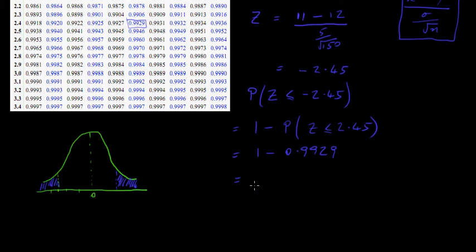So it's 1 minus 0.9929, which gives me 0.0071.